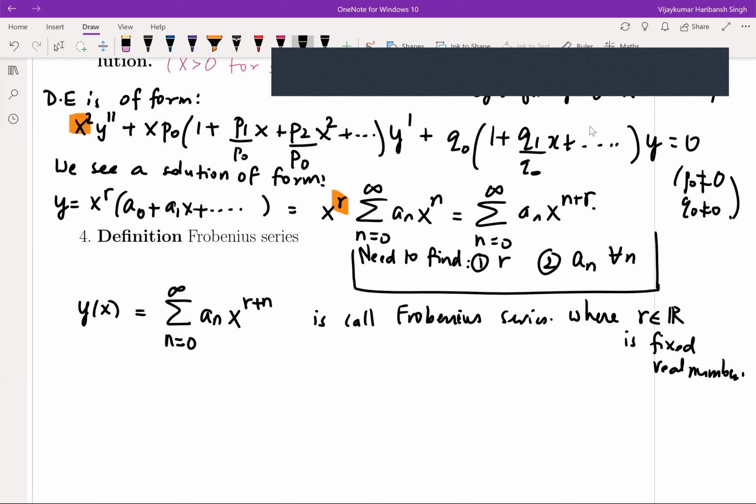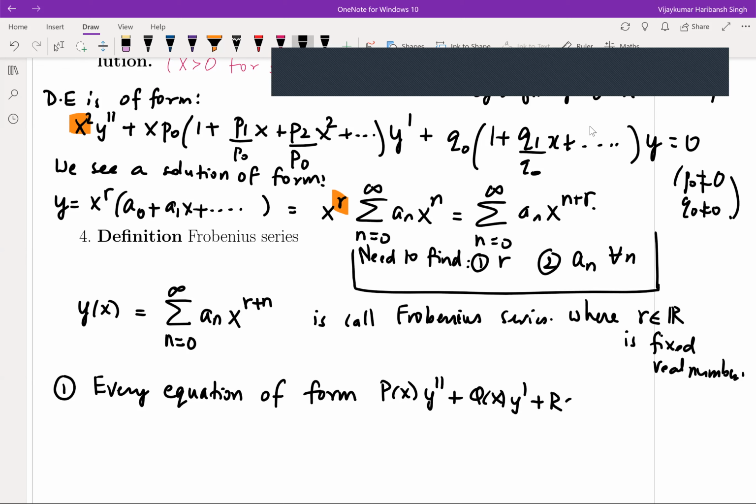So, every differential equation of the form P(x) y double prime plus Q(x) y prime plus R(x) y equals 0 with a regular singular point at x equals 0 has at least one solution that is a Frobenius series. Yeah, this is the important part: you need a regular singular point.